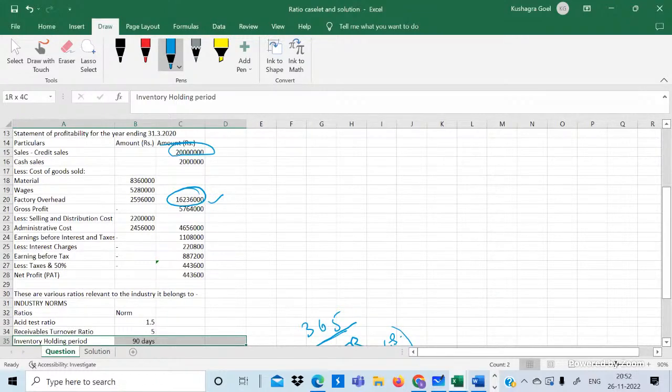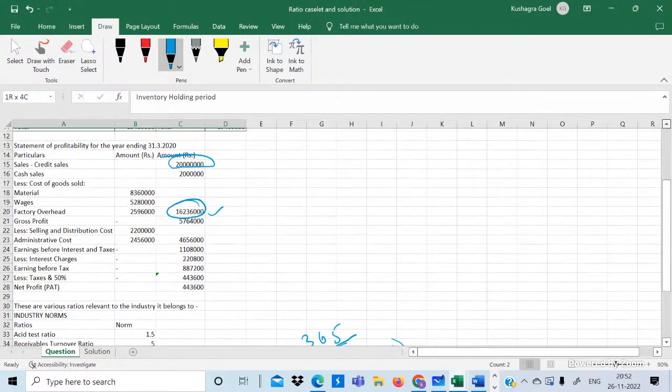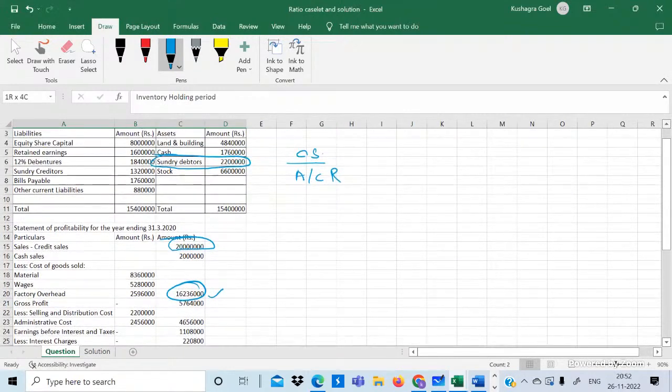And inventory will be there in the balance sheet. Inventory is here. So this is my inventory. I'll take 365 and divide it by the inventory turnover ratio, which is COGS, this number, divided by this number. I'll get my inventory holding period. So what's the inventory holding period that you people are getting?